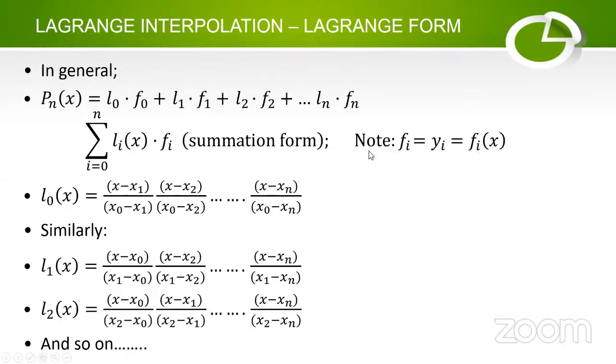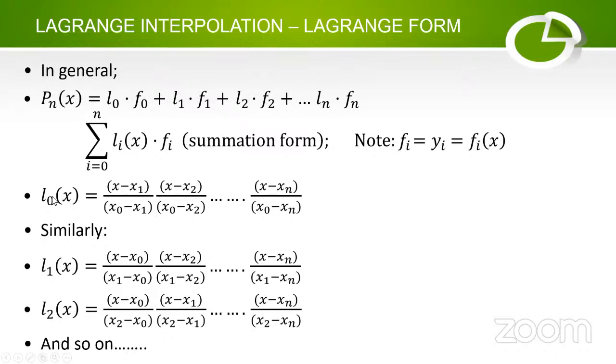I bring this out because in certain notes or textbooks, they will be written as F0, F1, F2, all the way to Fn. In other textbooks, they can also be written as Y0, Y1, Y2, all the way to Yn. And some will write it out in full, which is F of x or Y of x.